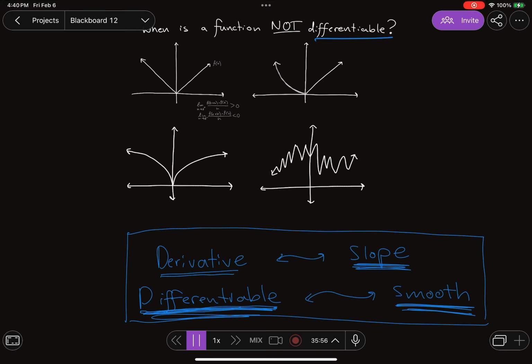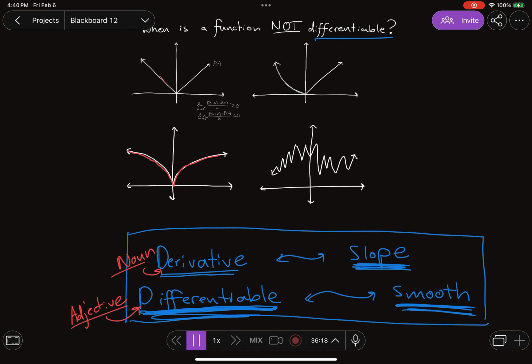Okay, so maybe I'll even write that. The derivative is a noun. This is an adjective. So if somebody asks, hey, is this curve differentiable? That's like a fancy calculus way of saying, hey, is that curve smooth? Really, really important. Notice that none of these curves are smooth.